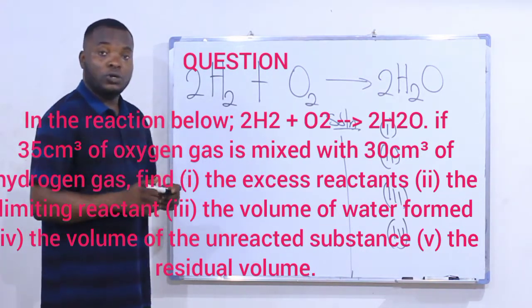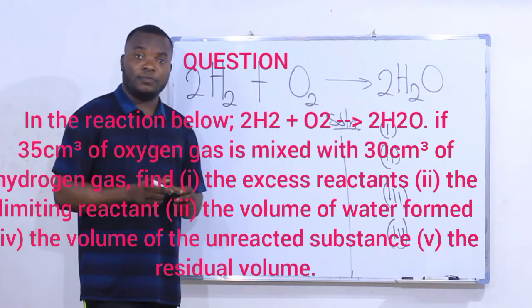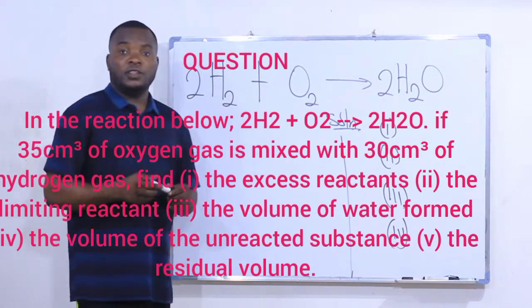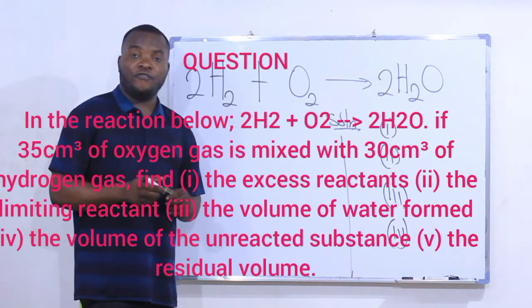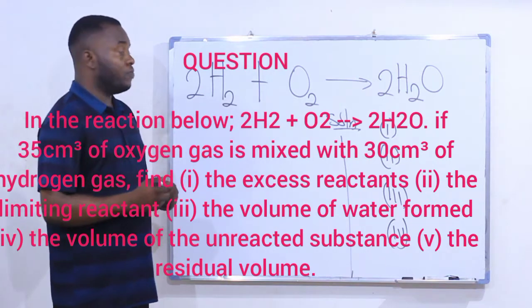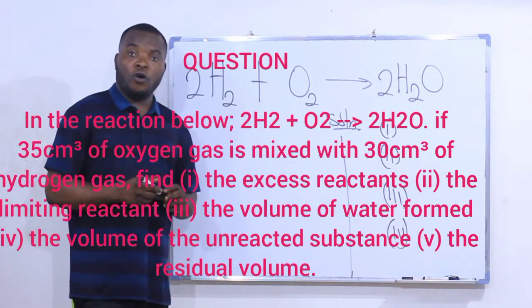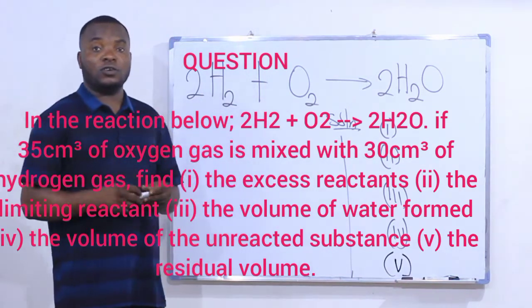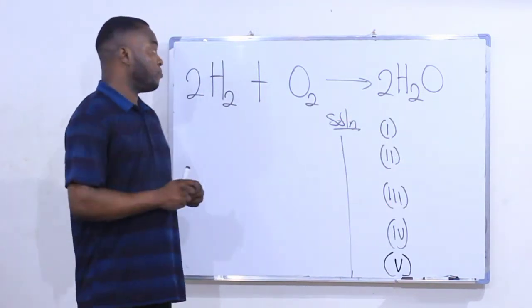Number two, the limiting reactant. Number three, the volume of water formed. Number four, the volume of the unreacted substance from this single equation given.